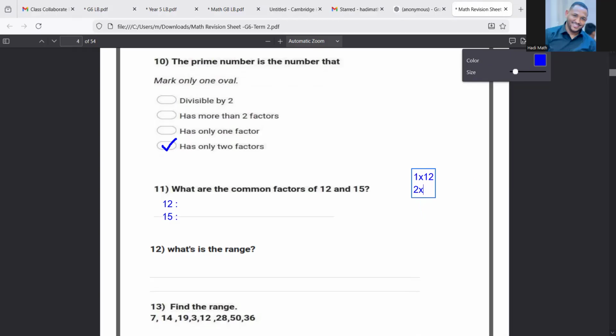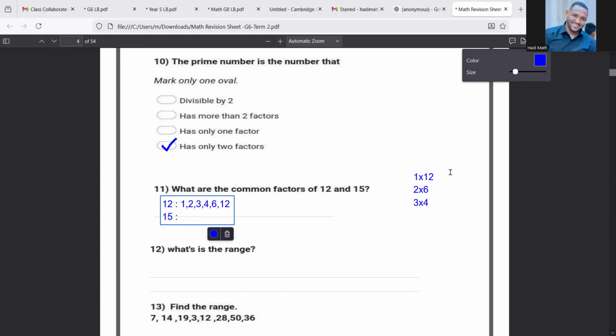Then 2 multiply 6 will give you 12. Then 3 multiply 4 will give you 12. Then 4, but no, we have already 4 there, so we stop. Then we write the factors of 12, you can write them in order. You start from top, go down, go up: 1, 2, 3, 4, 6, and 12.